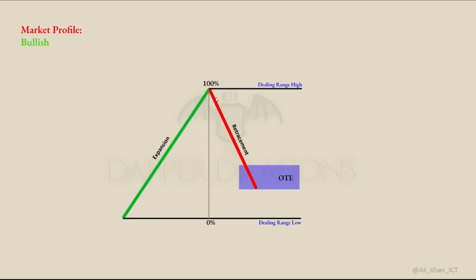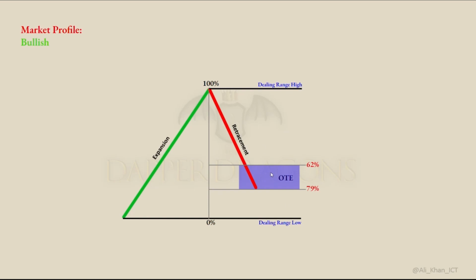The swing high will be 100% of the expansion move, and the swing low will be 0%. So between 100% and 0%, we have 62 to 79%. This is the optimal trade entry area that we hunt setups in.